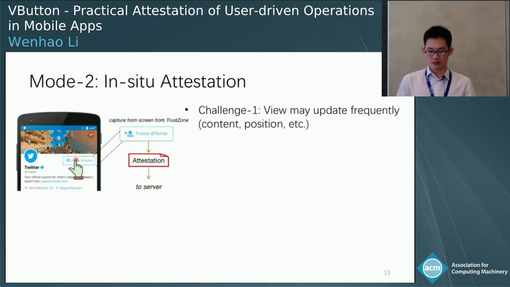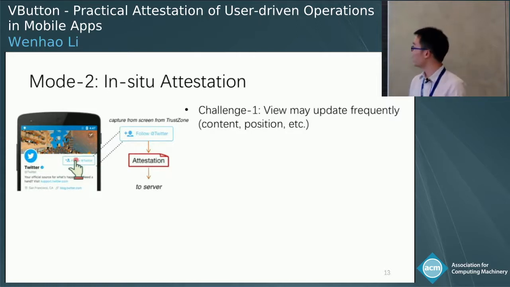In-situ attestation poses several challenges. The first one is it's not like explicit attestation, which has a preview for the user to confirm. The view in the in-situ attestation mode may update frequently. For example, the user may scroll the screen, and in that way, the position of the view may change. And it is very hard if we put the secure UI element in the secure world to coordinate with the normal world UI element.